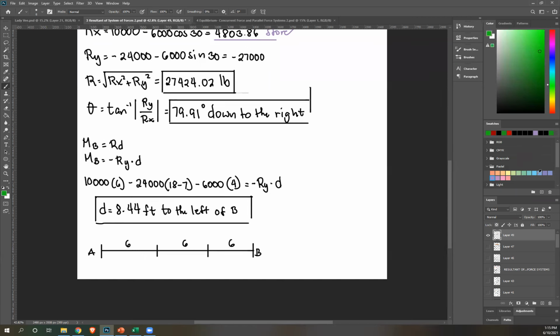And this is where it should land for good design. Now, as you can see, D is actually 8.44 to the left of B. It's less than 12 because this entire thing is 12, but it's greater than 6. Therefore, just from the drawing, you'll say that yes, it is within.